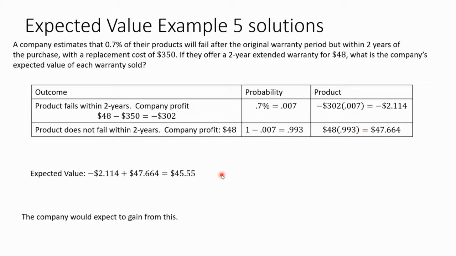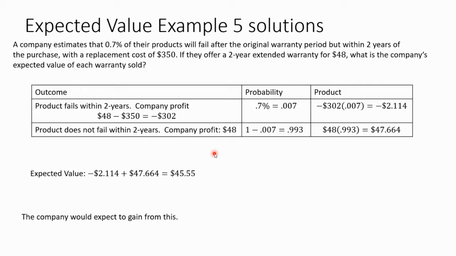Again, we have our products. If we add them, this is what we get. In other words, this is a positive expected value. So the company would expect to gain from having these warranties. From each warranty, the company should expect to gain about $45.55. So this is a good idea for the company.